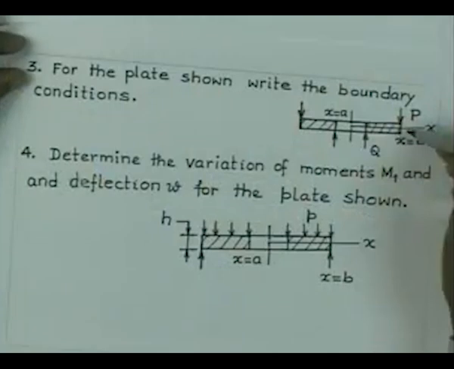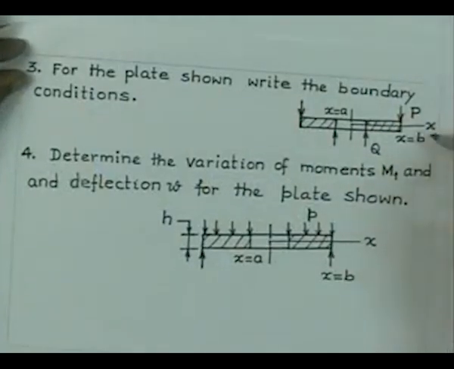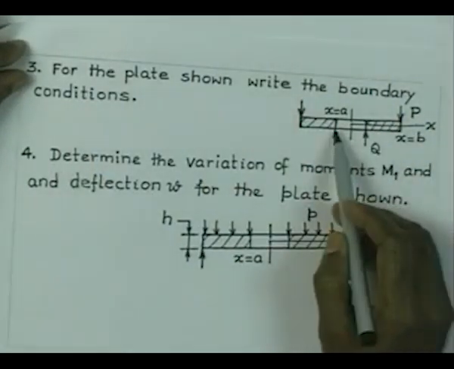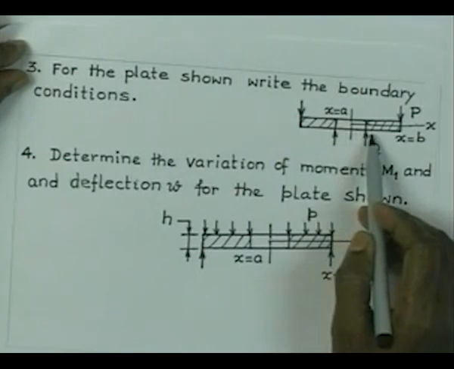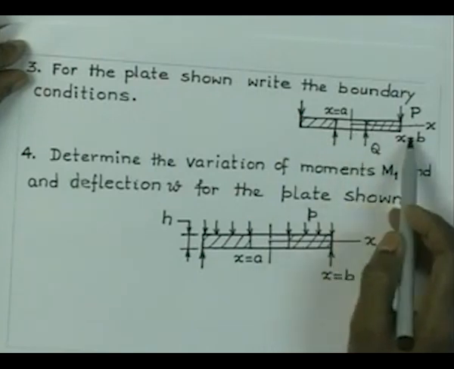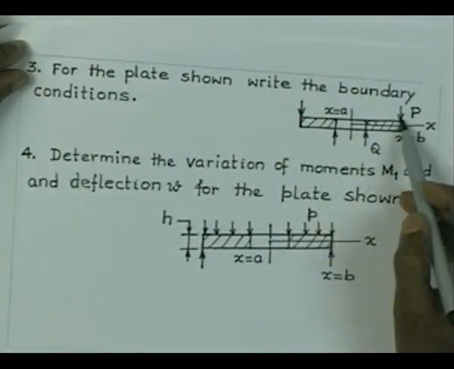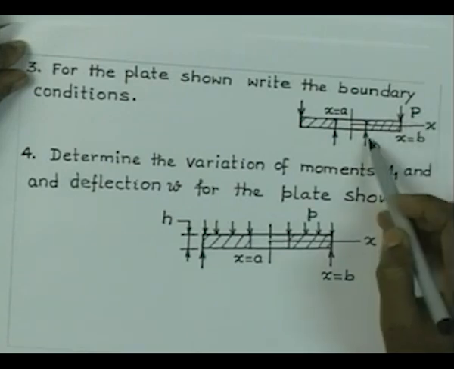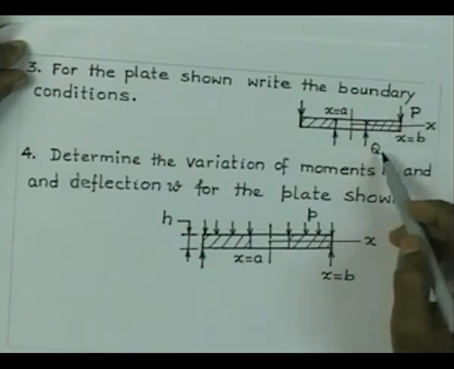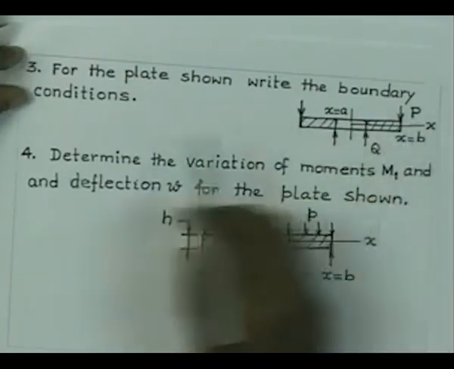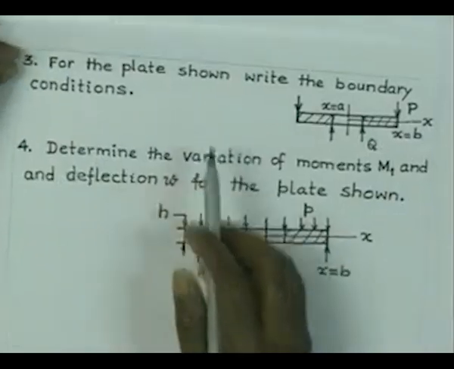Similarly, you can consider a plate which is loaded like this. The radii of the plate range from x equal to A to x equal to B. The loading at the outer edge is P per unit length and loading at the inner edge is Q per unit length. For this plate, write the boundary conditions.